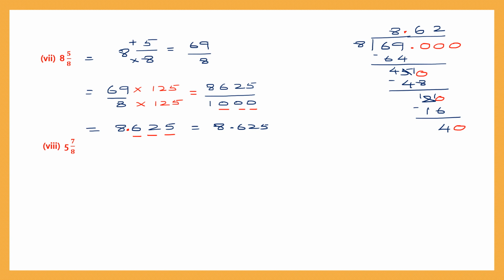Now what is my number? My number is 40. That means 8 fives are 40. So I've completed my division. My remainder is 0 and the answer that I've got is 8.625 as you can see in the quotient here. So now can you see the answers are the same, 8.625 here and 8.625 there.